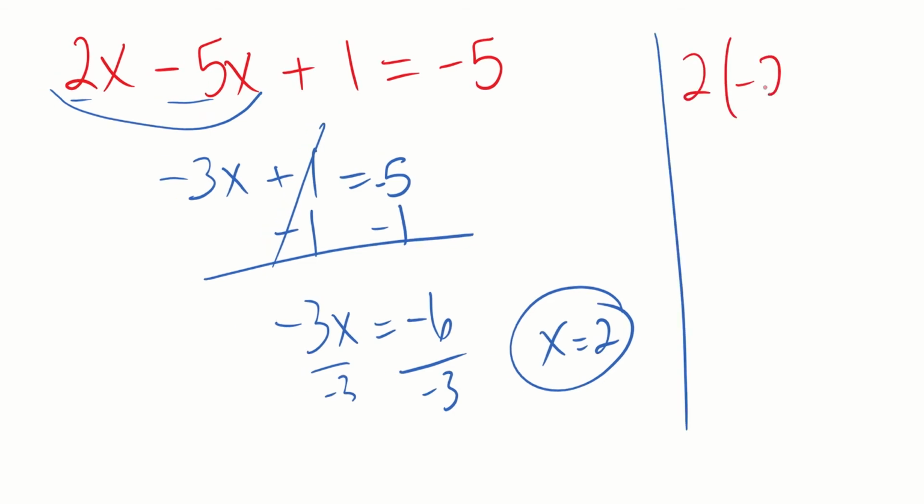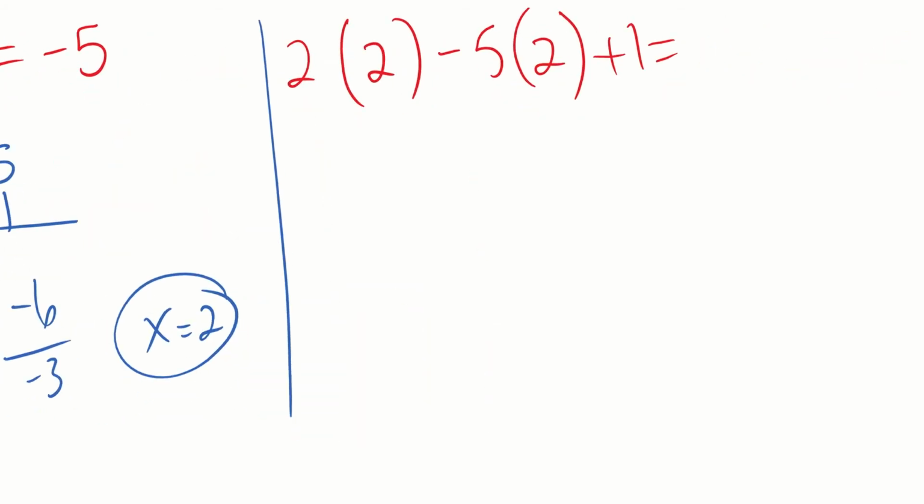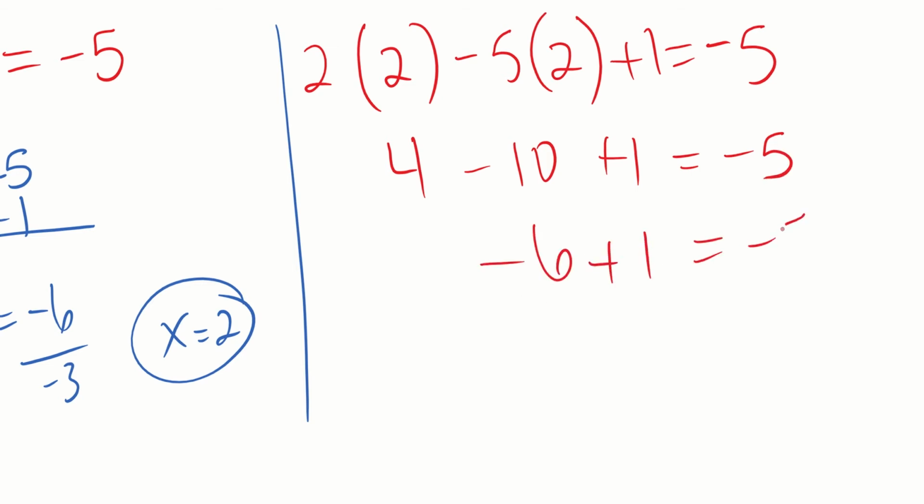So 2 times positive 2 minus 5 times positive 2 plus 1, and check if that equals negative 5. So this is 4 minus 10 plus 1. Negative 6 plus 1. Well, that equals negative 5, so we are correct.